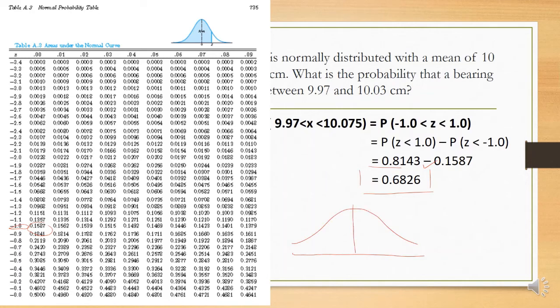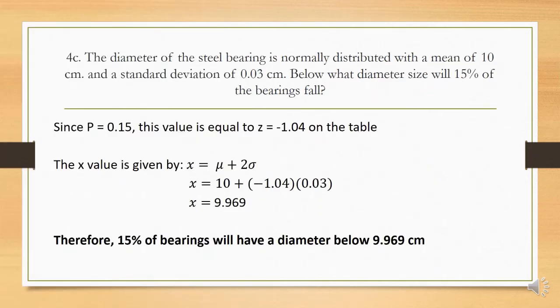Ang mean natin lagi sa gitna, 10. So, kung 9.97, dito siya sa less than ng 10, and then yung 10.03, ayan. Yan yung area na yun, 68.26%.